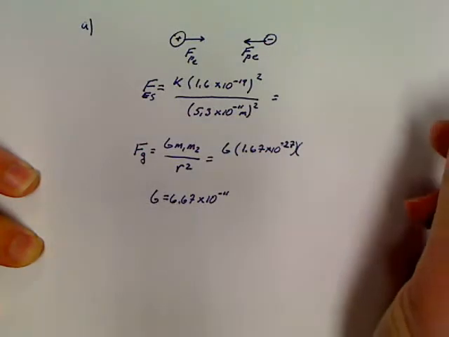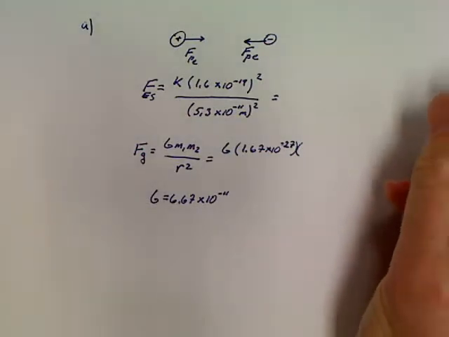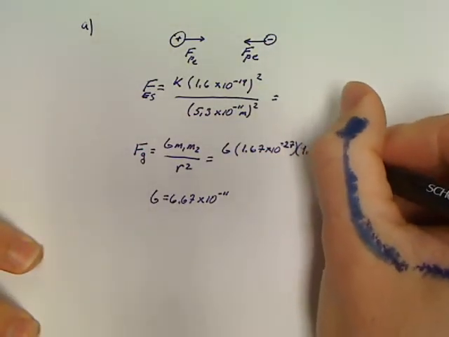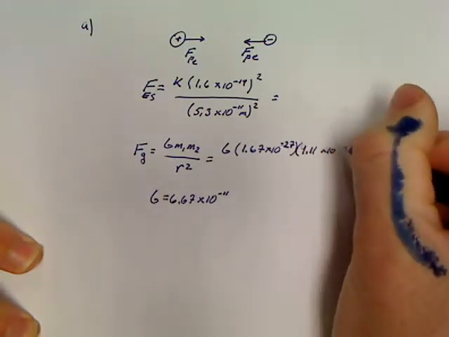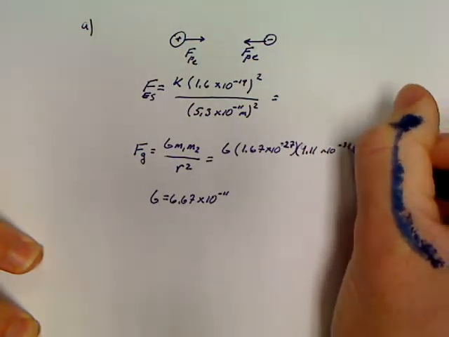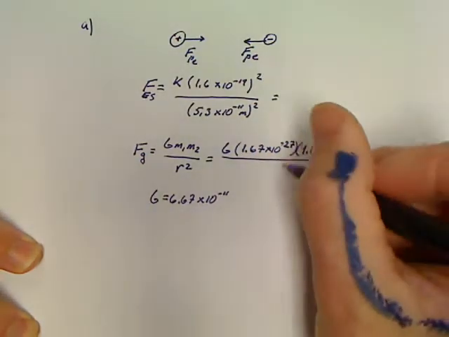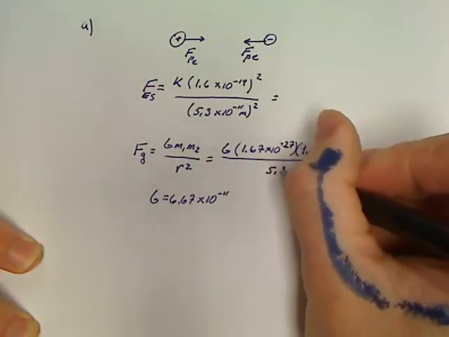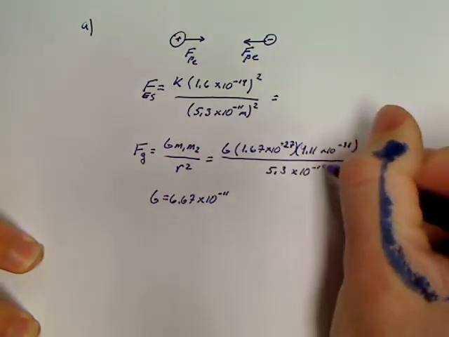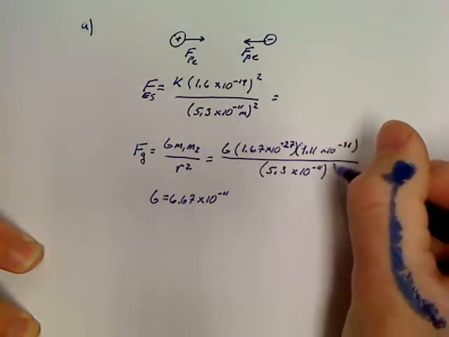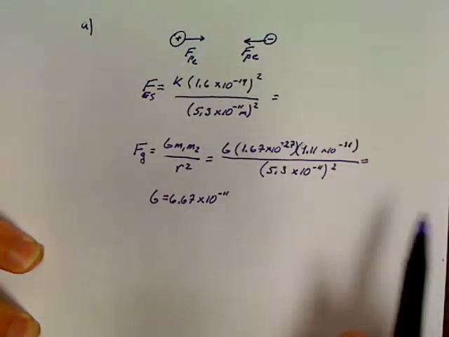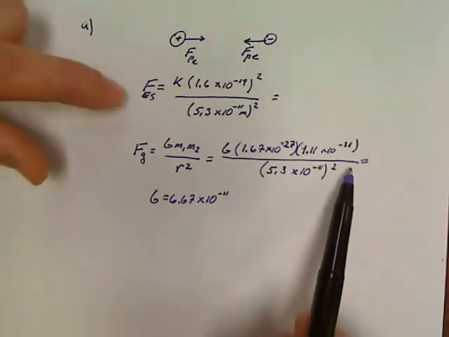The mass of an electron is 9.11 times 10 to the negative 31. We'll put all that over, again, 5.3 times 10 to the negative 11, squared.